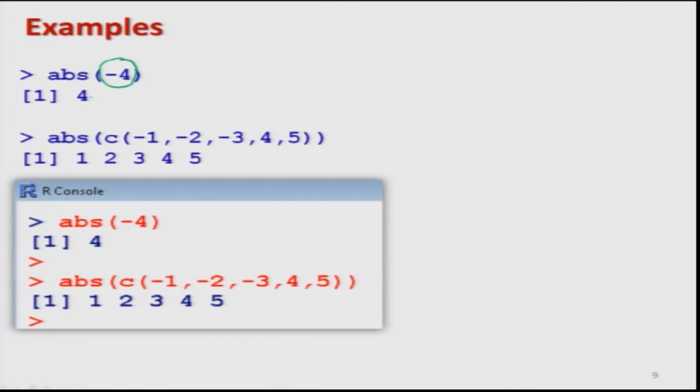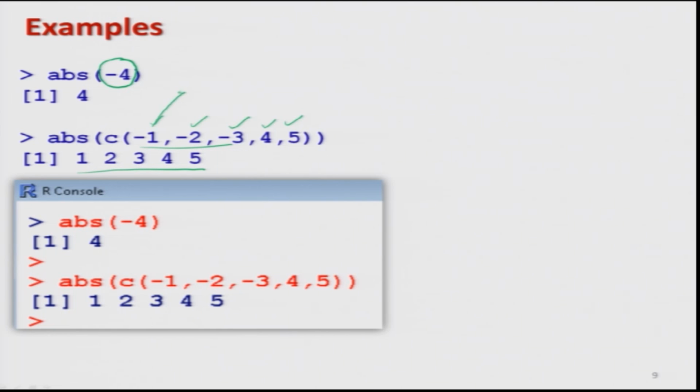And similarly, if I have more than one value, for example, if I take 5 values -1, -2, -3, 4 and 5, where 3 values are negative, and if I operate the abs function over this vector, the answer comes out to be 1, 2, 3, 4 and 5 like this. Why?